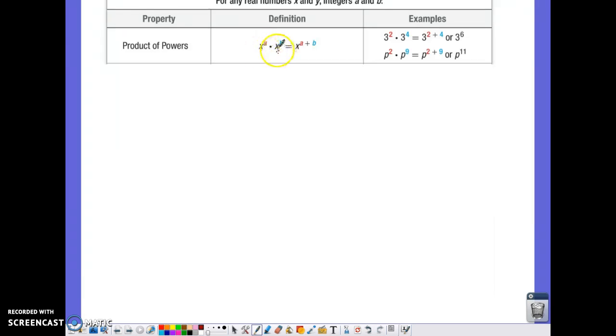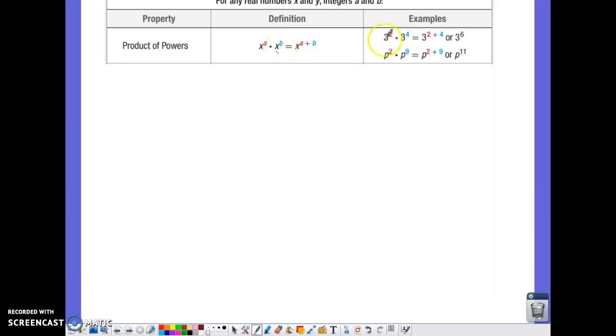Make sure the bases are the same before you apply the product of powers rule. We have the same base, so this is simply equal to x to the power a plus b. So you add the powers if you have the same bases multiplied together.